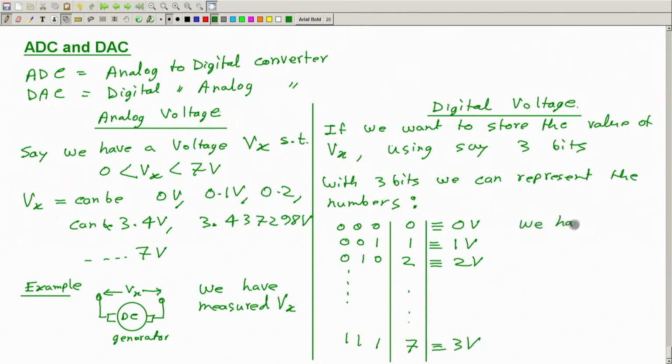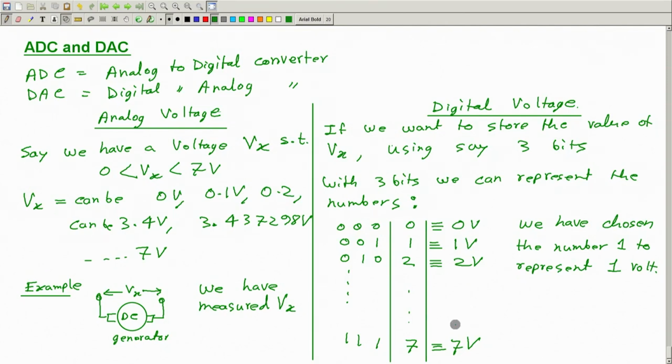We have chosen the number 1 to represent 1 volt. So this way we can store 7 different values of the voltage.